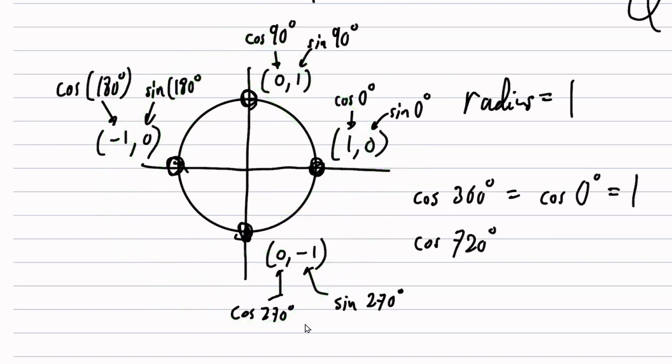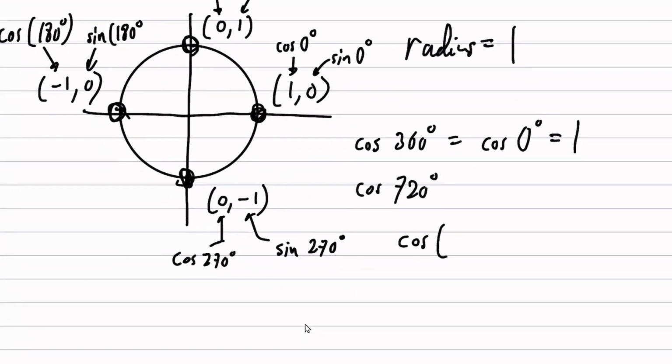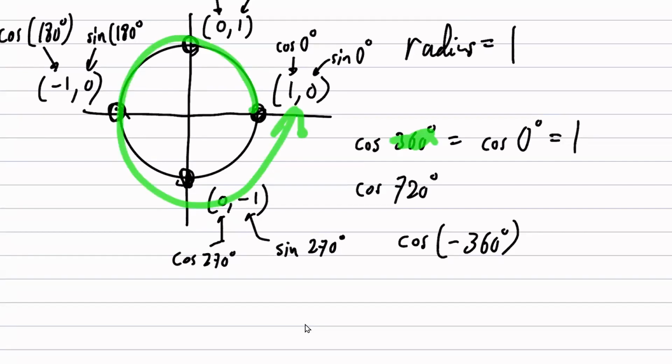But now what happens if I want cosine of -360 degrees? What would that be? 1. I haven't introduced it yet, but I think you can roughly get the idea. When it's positive angle, you go anti-clockwise one round, 360. Then if it's negative angle, what direction do you go?